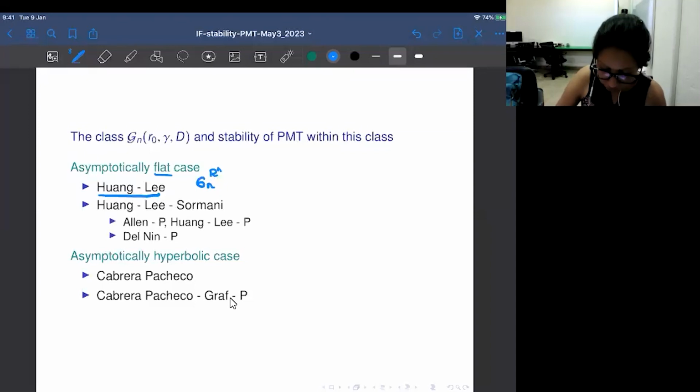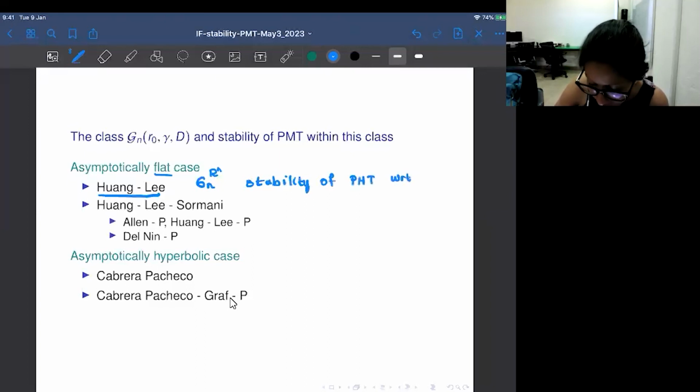And in this class of manifolds, they studied stability of the positive mass theorem, but with respect to the flat distance. So Federer-Fleming flat distance.